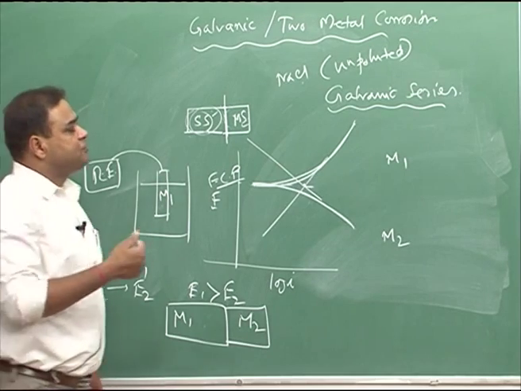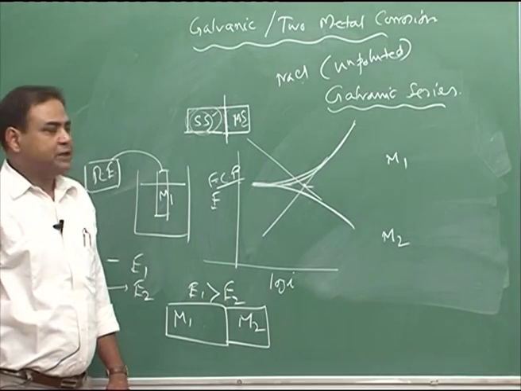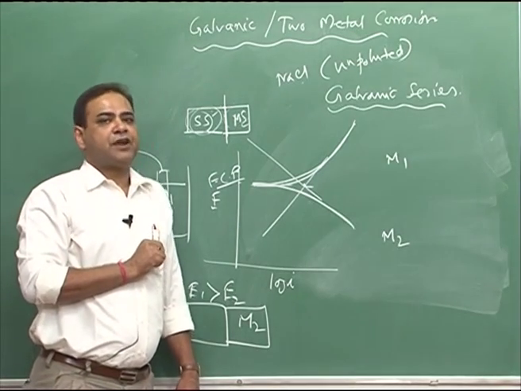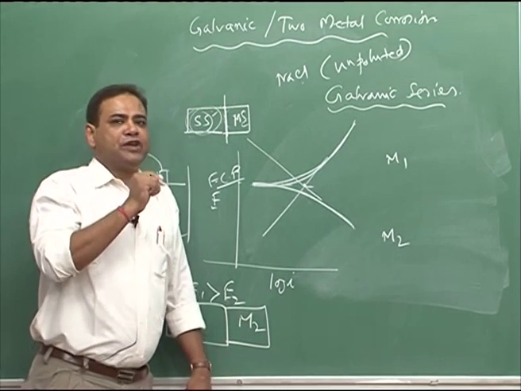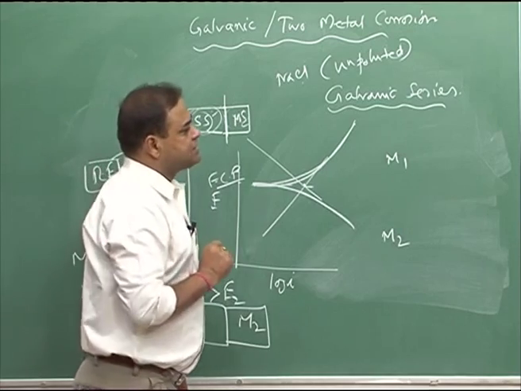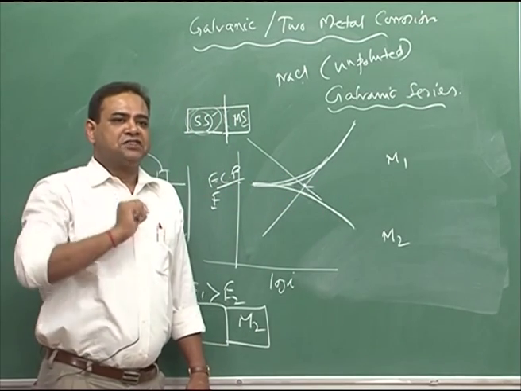Now in this case we have also seen one more series, that is the electrochemical series. In that series, only the pure metals are put according to their reversible reduction potential in a non-corroding situation. And you will always see some reduction potential number.